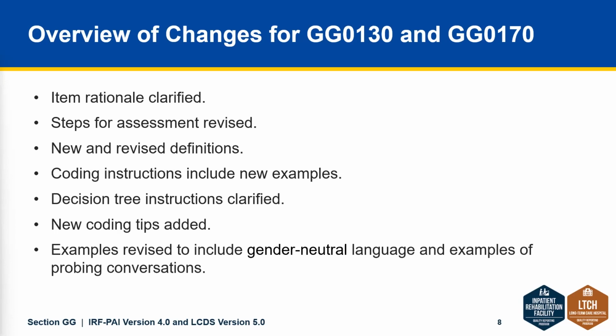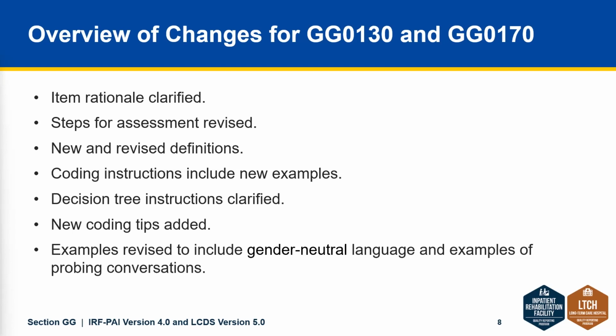They include clarification of item rationale, revised steps for assessment, new and revised definitions, new examples included in coding instructions, clarifications of decision tree instruction, the addition of new coding tips, and addition of examples of probing conversations.